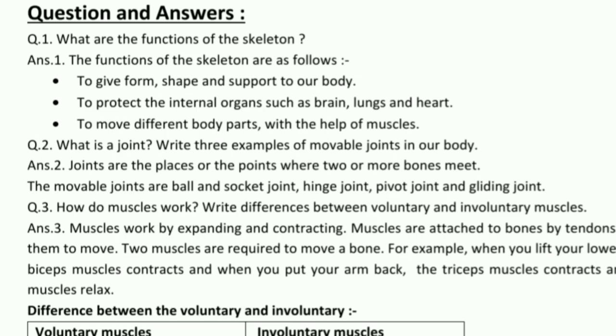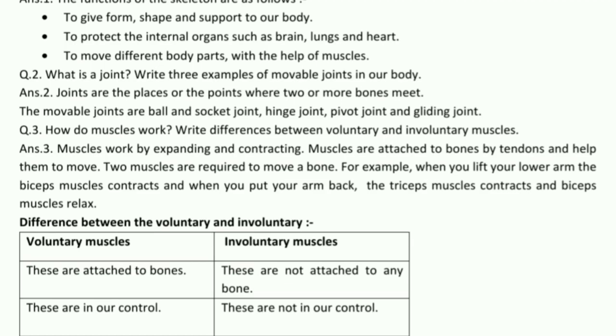Question number 3, how do muscles work? Write 3 differences between voluntary and involuntary muscles. Muscles work by expanding and contracting. Muscles are attached to bones by tendons and help them to move. 2 muscles are required to move a bone.